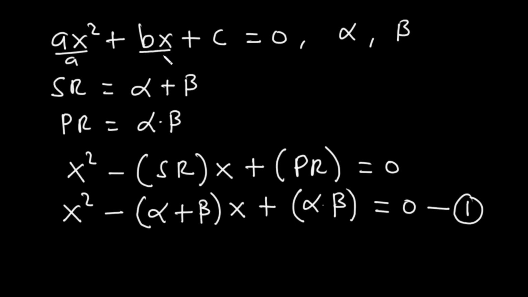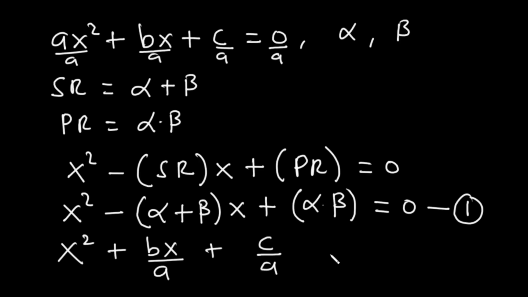So as we divide through by a, we have x squared, because a will cancel a, plus bx over a plus c over a is equal to 0. Let's call this equation 2.